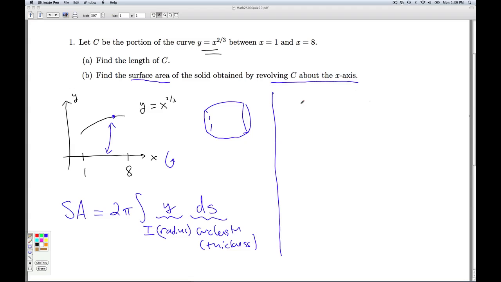Okay, so in our case, we have y is x to the 2/3, and we have the arc length differential simplified from part A to be 1/3 x to the minus 1/3 times the quantity 9x to the 2/3 plus 4 to the 1/2 power dx. So I put this all together and I get my surface area is going to be 2 pi over 3.